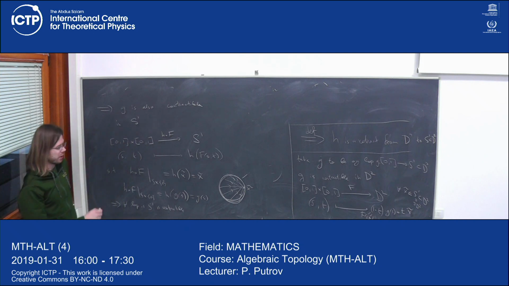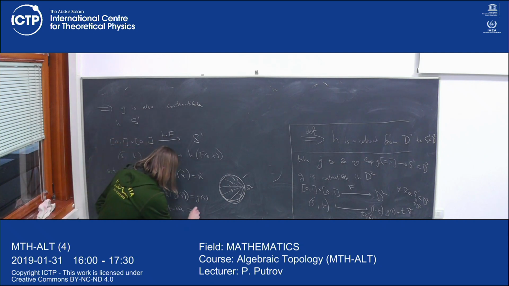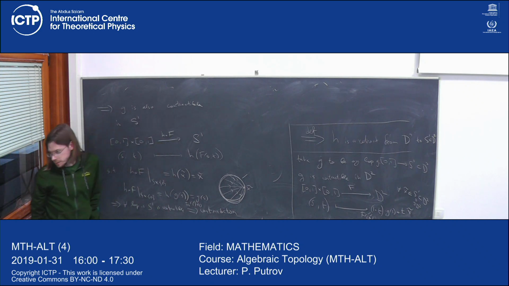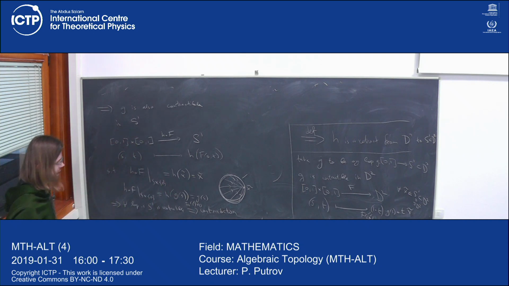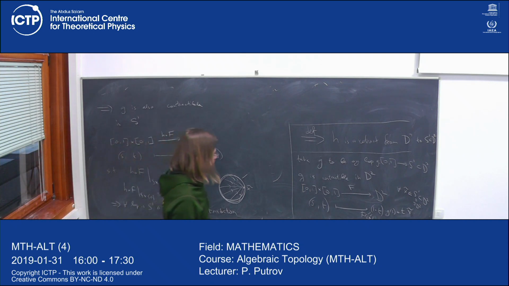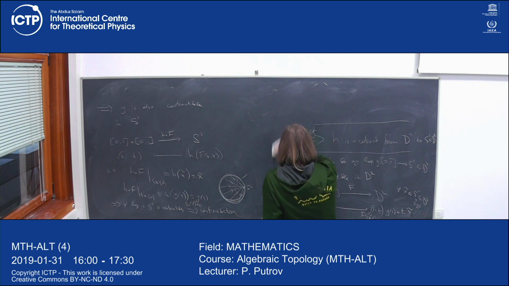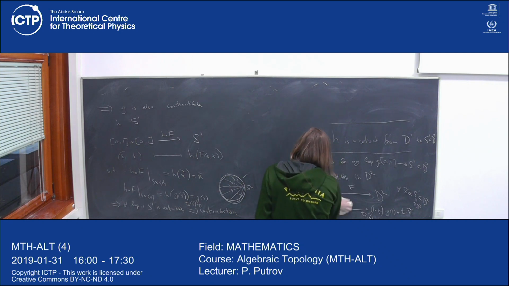But this is not true, because we showed that pi1 of S1 is Z, it is not trivial. Pi1 by definition is, as I said, a set of equivalence classes of homotopy.